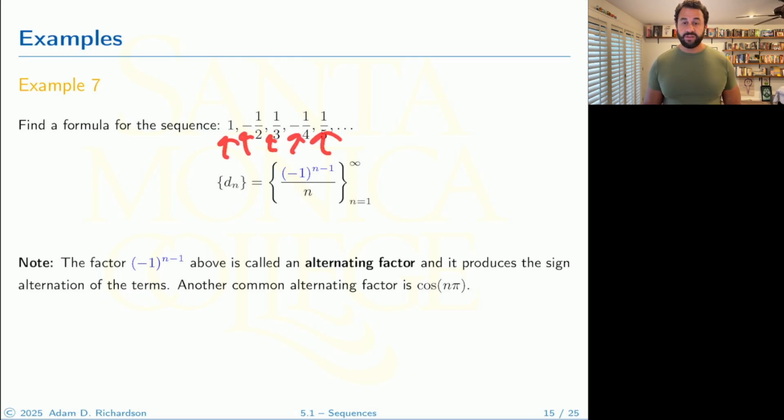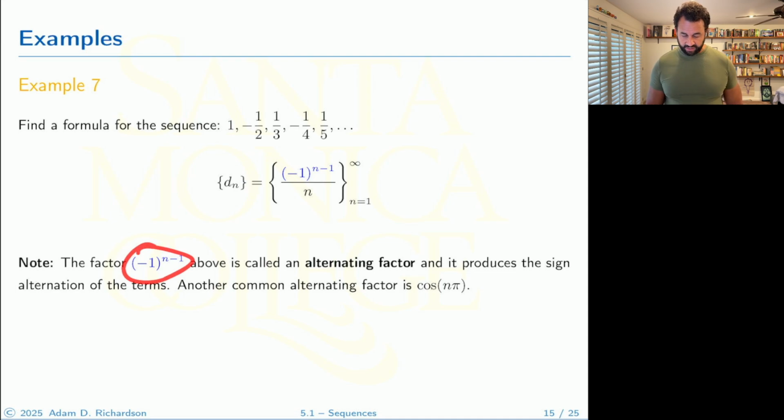So whenever you see an alternating sequence that's going positive, negative, positive, negative, or negative, positive, negative, positive, and so on, you're going to need an alternating factor of some form. It might be -1 to the n, it might be -1 to the n plus 1, but if you see that alternation, you will need an alternating factor in your formula.